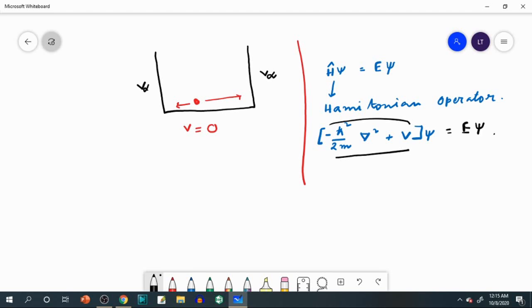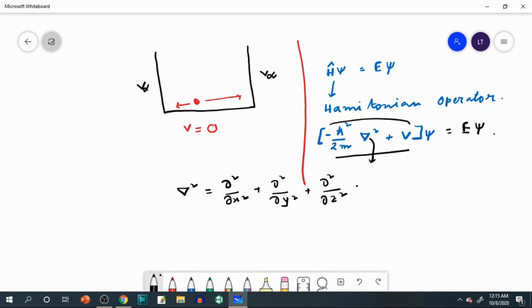Now this is again the Laplacian operator, and del squared means del 2 by del x2 plus del 2 by del y2 plus del 2 by del z2.